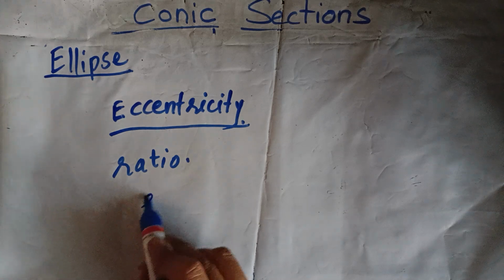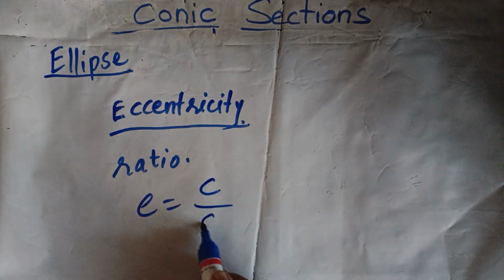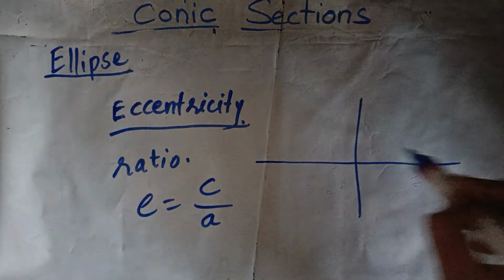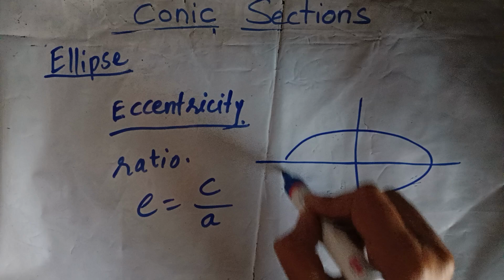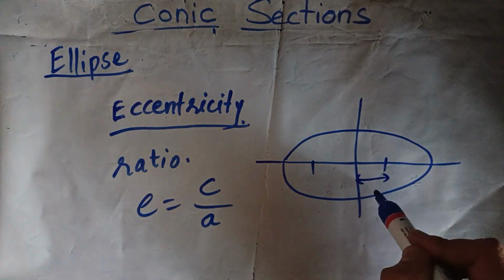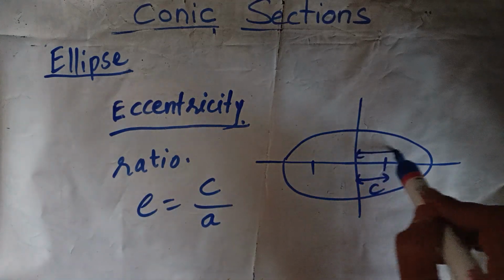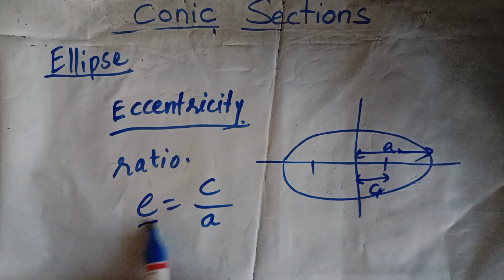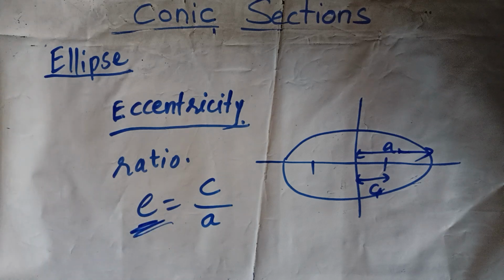Eccentricity is given by C upon A. If you have an ellipse with focus, this distance is C and this is A. So the ratio of these two distances is your eccentricity.